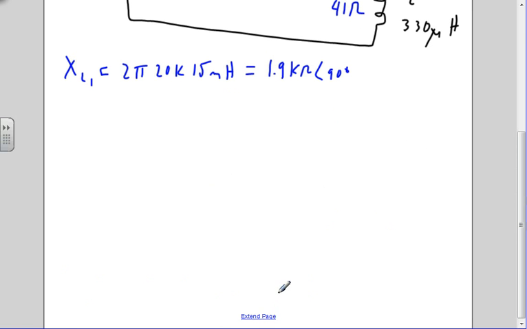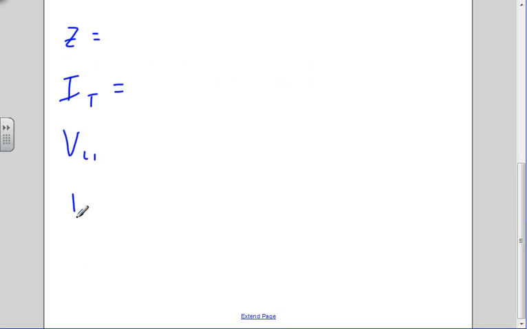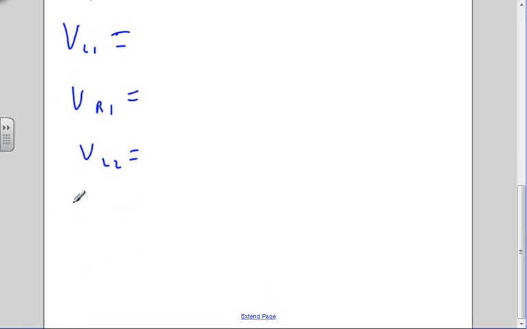Now we're going to see what we need. We need the impedance, the total current, the voltage across inductor 1, the voltage across resistor 1, the voltage across inductor 2, the voltage across resistor 2, and the phase angle.